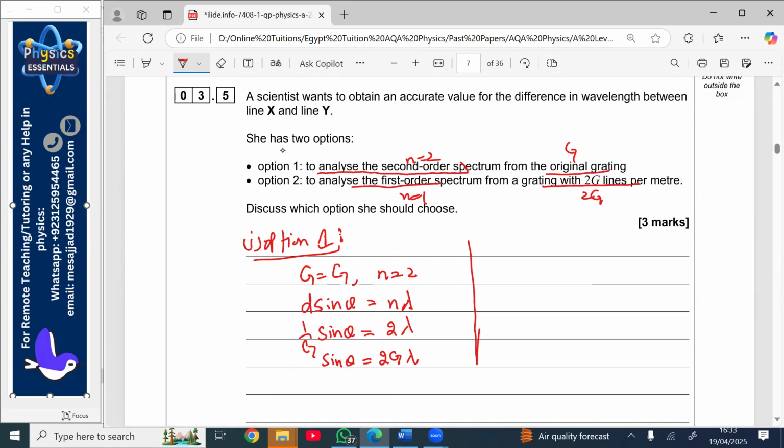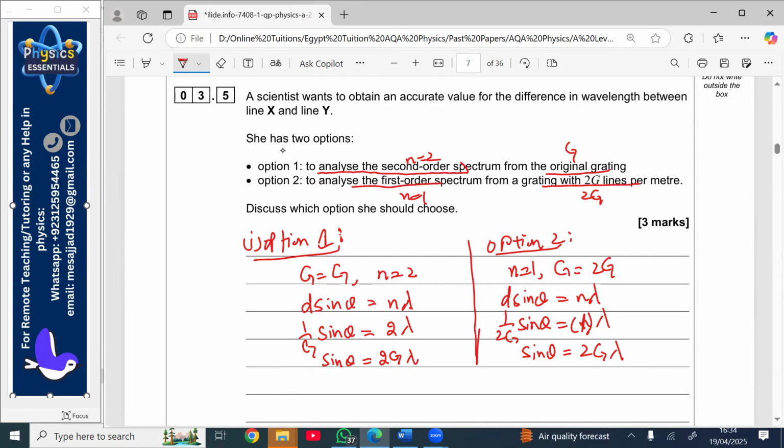And what about option 2? So sine theta means the separation between line X and line Y, or the fringes of the first order and the second order. So option 2, you have the first order, but the number of lines on the grating per meter is double. So you have to write again d sine theta equals n lambda. You will just put here 2g sine theta equals n lambda, and n is actually equal to 1. Okay, so from here, sine theta is going to be again 2g lambda.